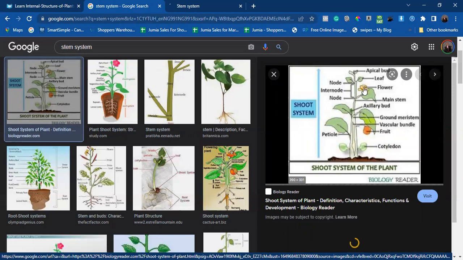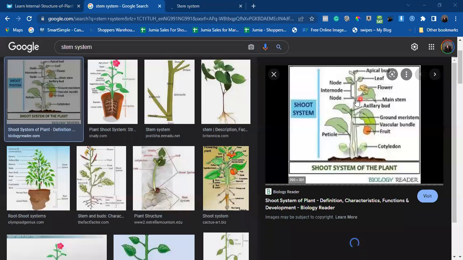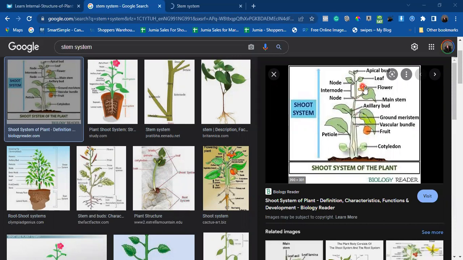All right, let's look at another one. Good. So as you can see from here, look at those connecting parts. That's where the nodes are. Then look at this part that are extensions of the stem.